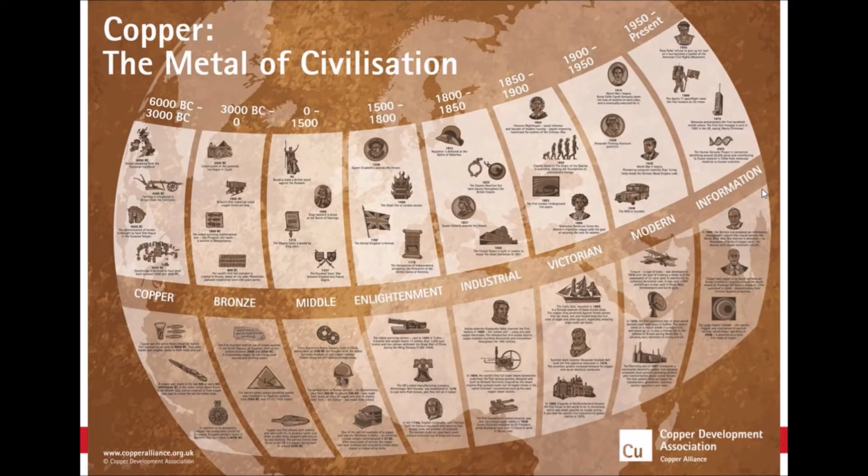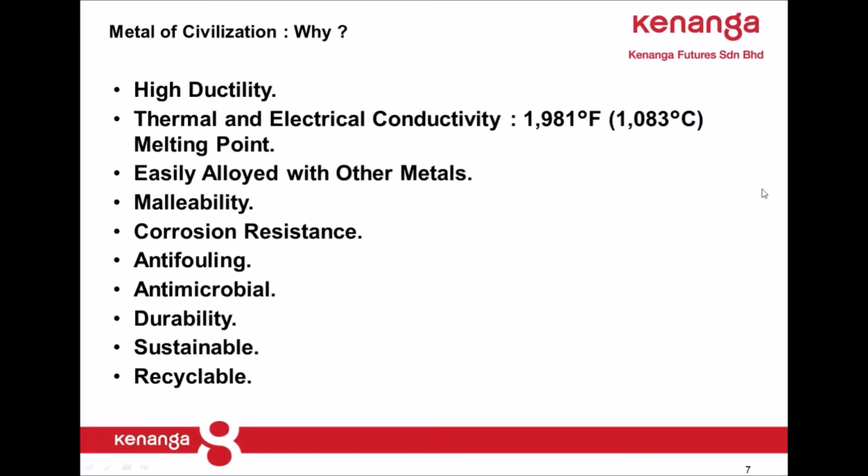Okay, next. So why is this metal so fully utilized by human beings? First of all, this metal is highly ductile. The meaning of ductile is basically that it's a metal you can stretch into a different form.